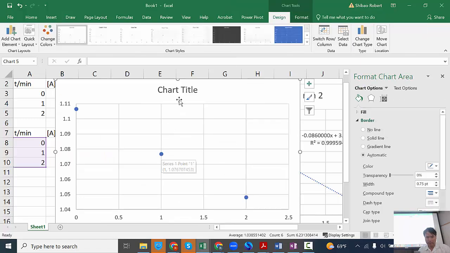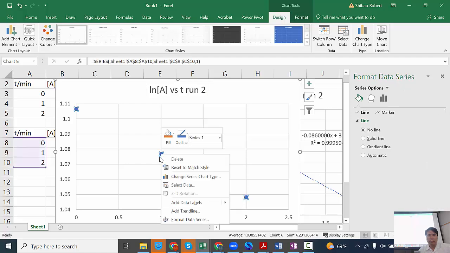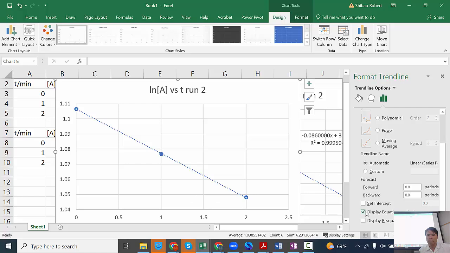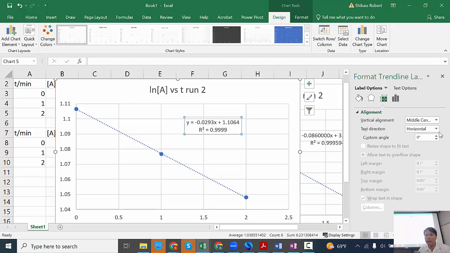Okay, this looks very linear too. This is the ln of A plot versus T for run 2. Okay, 4 9s, already better.